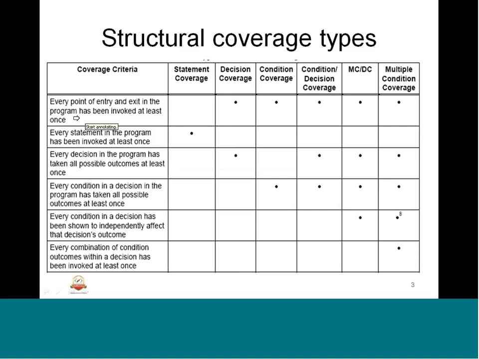That sort of testing is done with the help of decision coverage, condition decision coverage, MCDC, and multiple condition coverage. These are responsible because the function could have conditions, decisions, modified conditions, etc., to make sure that all the entry and exit criteria are taken care of.